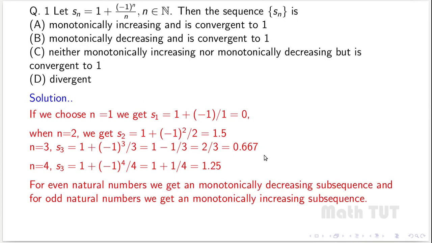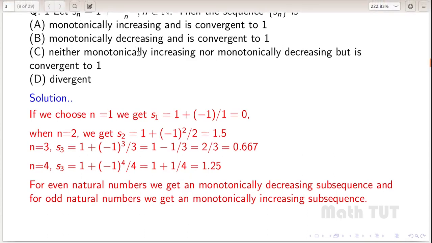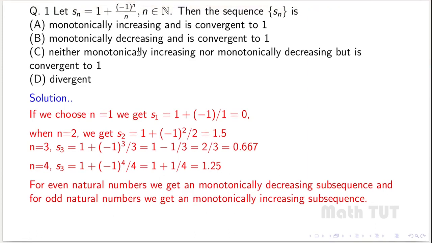You can simply find the limit here: limit n tends to infinity Sn is 1. So the sequence is not monotonic, but it has monotonically increasing and decreasing subsequences which are converging.